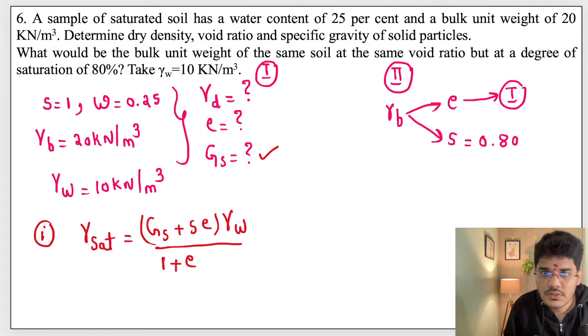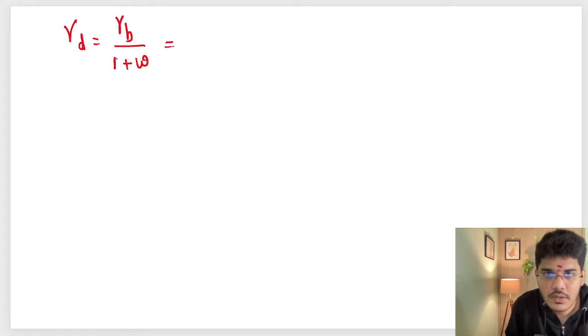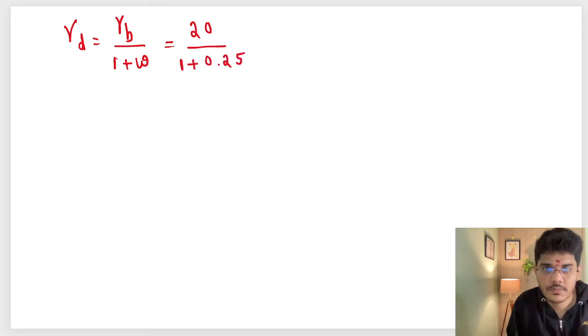Now our aim is to calculate gamma d, and then from that we can calculate e value also. So gamma d is equal to gamma b by 1 plus w. Gamma b he has given 20 kilonewton per meter cube, and water content 25%. So 20 divided by 1.25.